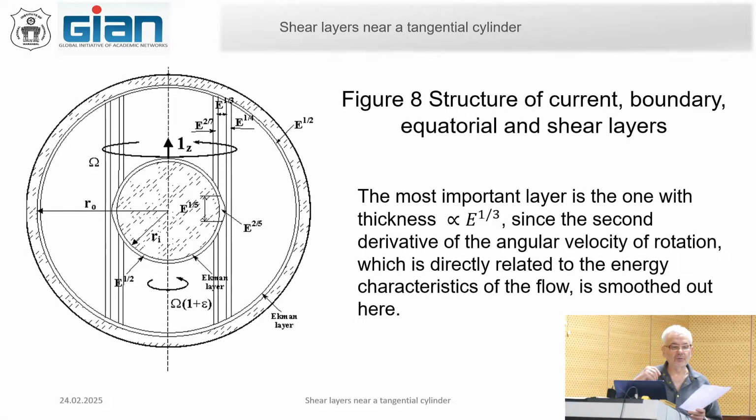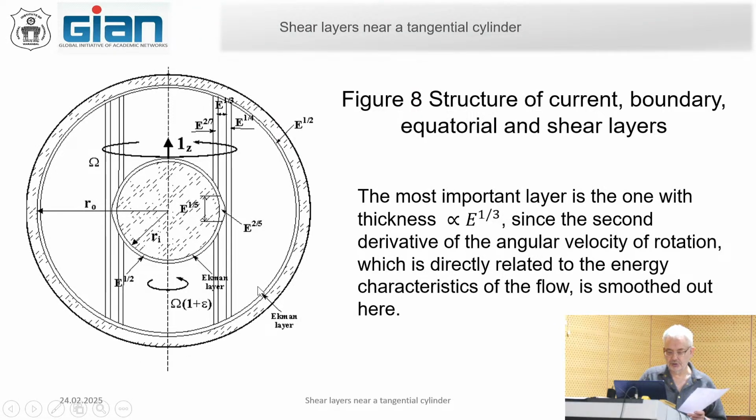Very simple, monotonic one. If we consider the angular rotational rate, it just monotonically rises from the center, near the axis of rotation. It's about 1/2, then it rises up to unity, and on the boundary it has dramatically higher, even infinite derivatives, and here it just rotates rigidly with the mantle.